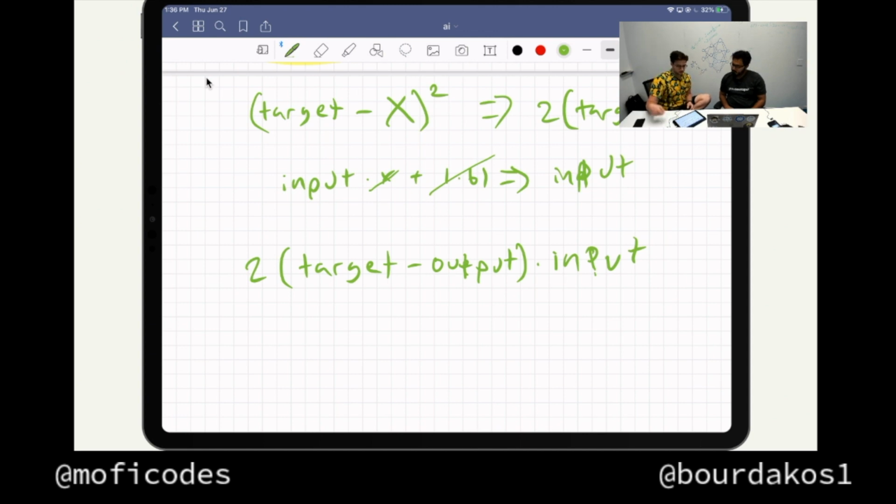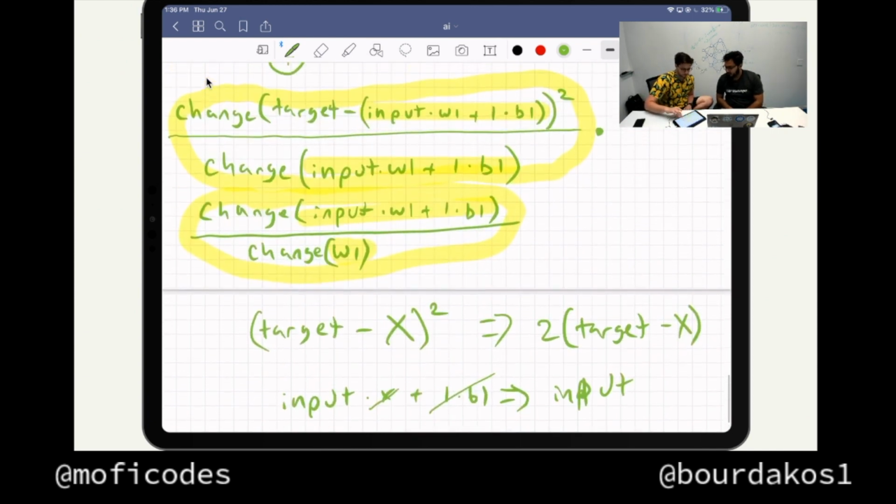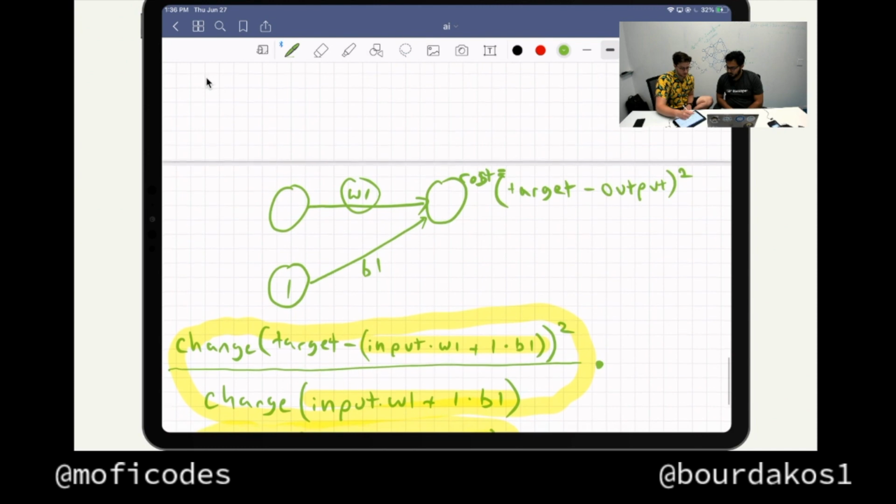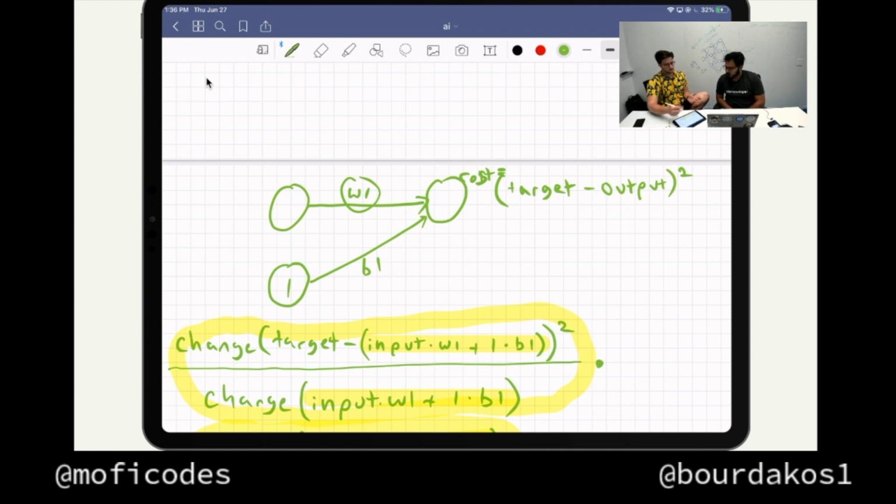So if W1 changes the cost function a lot, this value will be larger. And if it doesn't affect it that much, it'll be smaller. So if W1 affects it more, the number will be large, so we'll be adding a much larger value to it, versus a smaller value, depending.